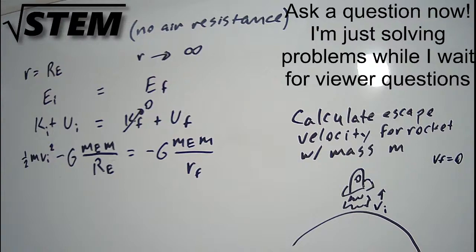So now we should be able to solve for the initial velocity and take the limit as this radius goes to infinity, and that should give us what we're looking for.